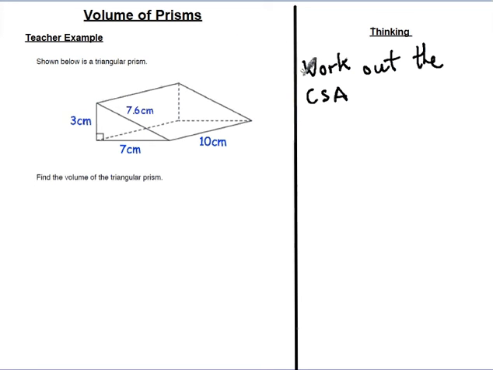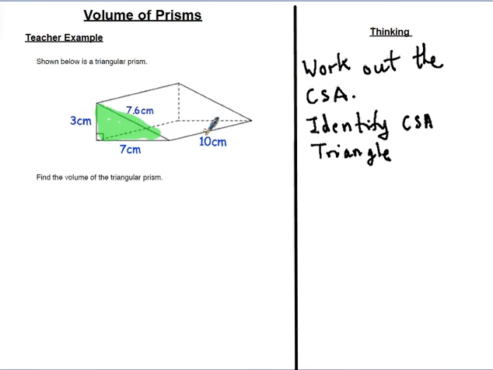My CSA in this question, I'm going to highlight it for you. It's actually the triangle which appears in the front here. So it's this shape here, the right angle triangle. So it's really important that we have identified that CSA. For these type of questions, we need to know our prior knowledge, which is the area of our 2D shapes.